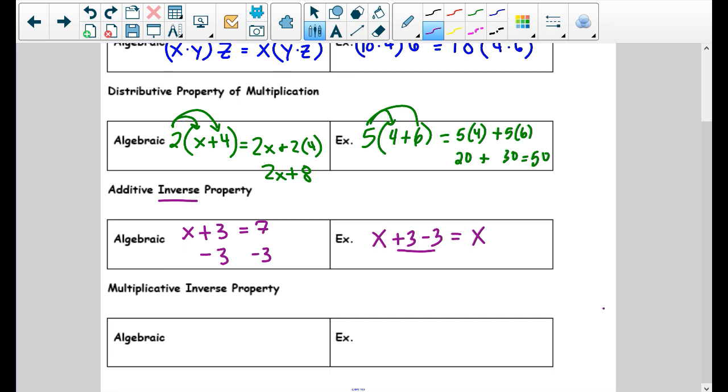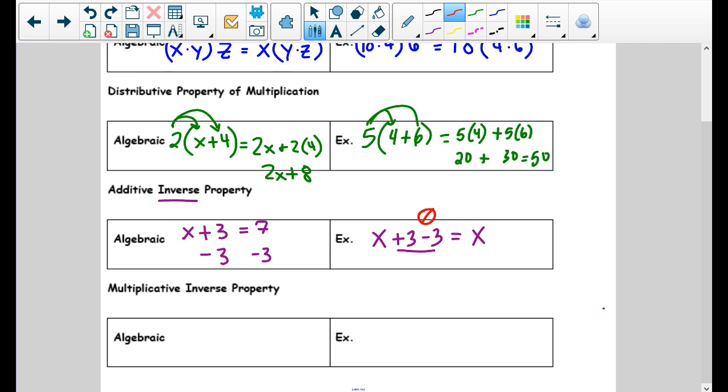Last one. Multiplicative inverse. And this is the only one that's a little different. If I have an additive inverse, what does this equal? Well, 3 minus 3 is what? 0. So in this case, additive inverse equals 0.